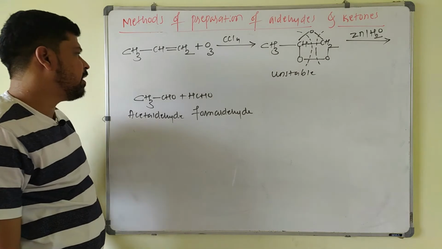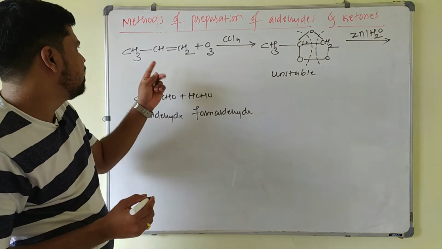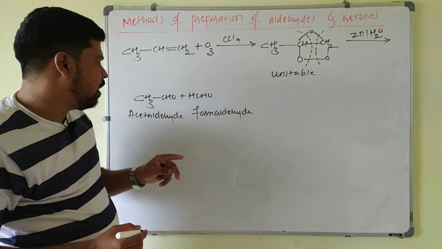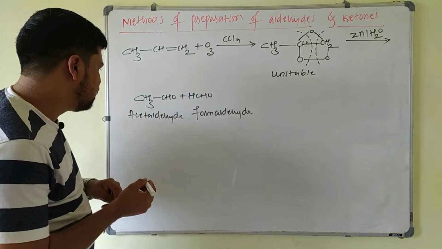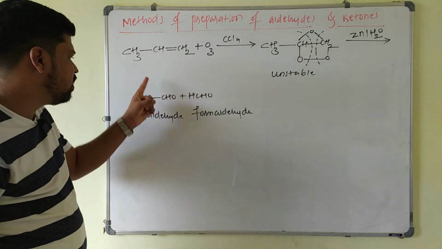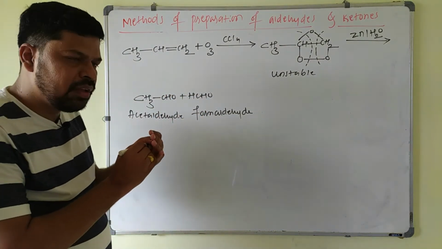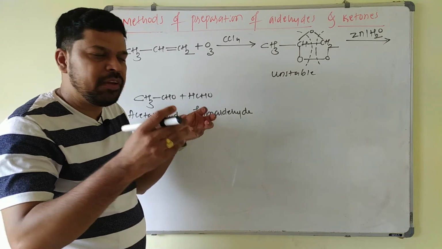So it may give two different aldehydes based on the nature of the alkene. If you take a different type of alkene, you will get different types of aldehydes and ketones. So if you want to find out the position of the double bond, whatever the products of ozonolysis are obtained, you just have to write them such that the carbonyl groups are facing each other.